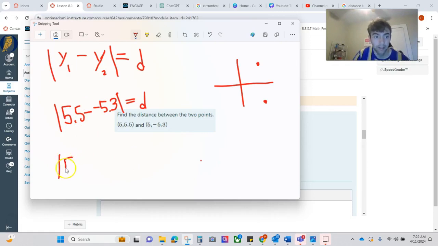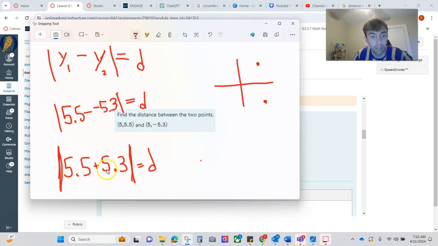I could also just type that in my calculator how it is. This absolute value bar, 5.5. Minusing a negative, losing a loss, is the same as plusing. So I could rewrite this as 5.5 plus 5.3. Well, I know 5 plus 5 is 10, and 0.5 plus 0.3 is 0.8.